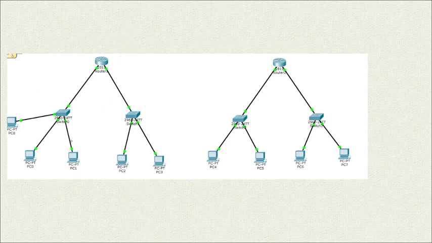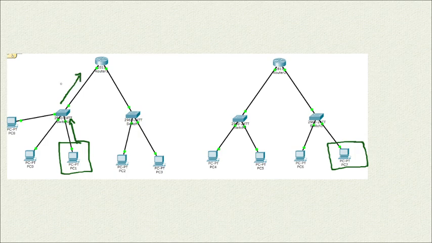Now I configured this interface, and I want to reach this interface, this network. So I send the request to it. It is not here, so my request goes, and then how will the router forward it?